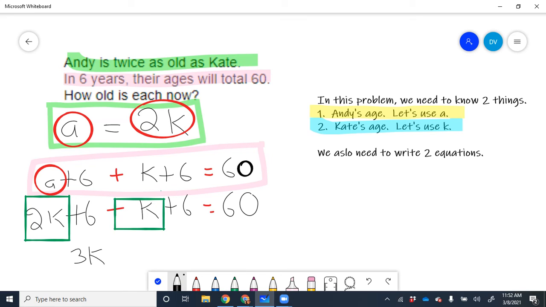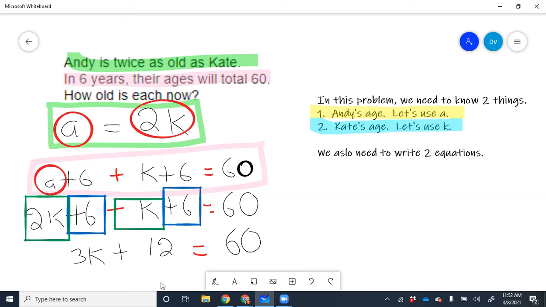Okay. Also, we have positive 6 and positive 6. Isn't that 12? Good. And that equals 60. Again, we have an equation now that's easier than everything we had before because we only have one letter. Make sure you write that equation down. I'll continue when everybody's ready.